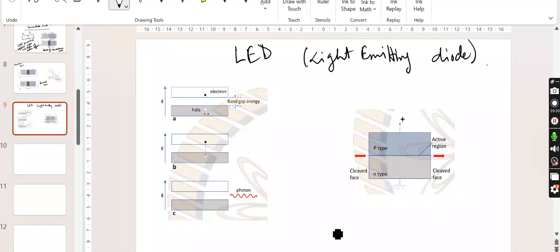Although the omnipresent thermal energy normally facilitates this excitation, it can also be achieved optically, provided the photon energy exceeds the band gap energy. Now after that, the electron from the conduction band falls into a hole in the valence band, and they annihilate each other, and the extra energy is carried by a photon.